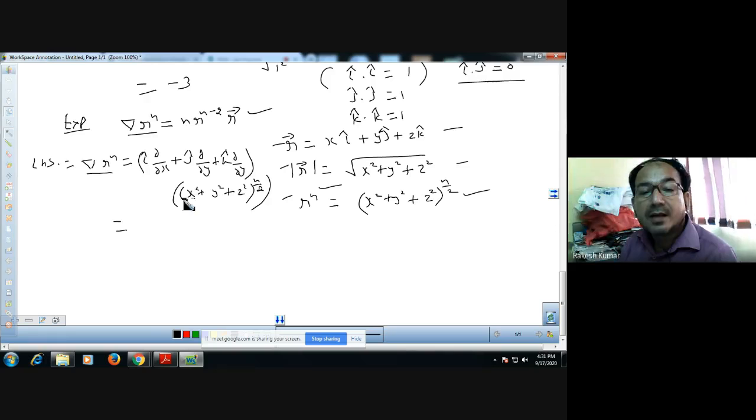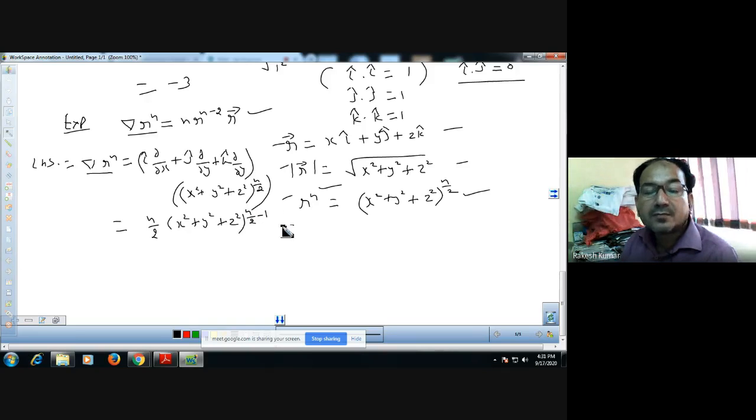So del by del x of this term we want to find out, that is n by 2 into x square plus y square plus z square raised to power n by 2 minus 1 into the derivative with respect to x, that is 2x i cap.